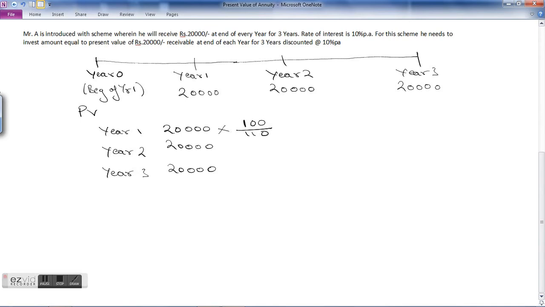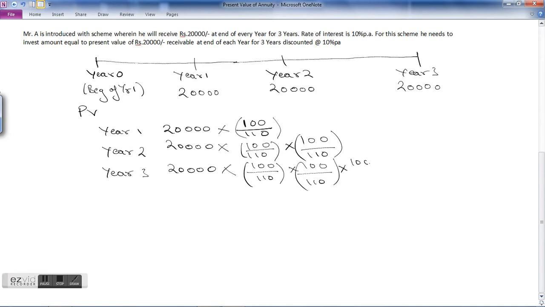What will be the present value of 20,000 received at the end of year 2? That will be 100 divided by 110 into 100 divided by 110. And for year 3, it will be 100 divided by 110 three times multiplied.